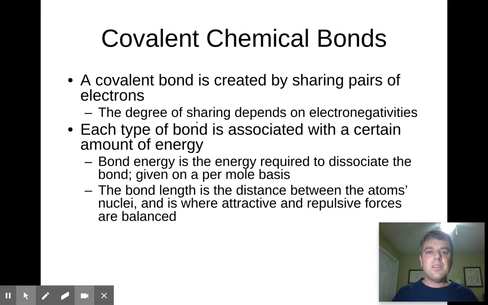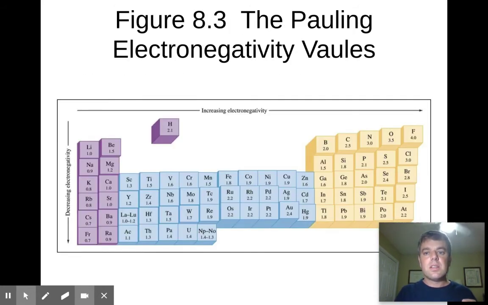But one thing about where I talked about the degree of sharing: if covalent bonds share equally, then the molecule is considered to be nonpolar. But if there are some differences in electronegativities, and let's go back and look at this chart, for instance between, say, nitrogen or oxygen or fluorine and chlorine, then they share unequally.